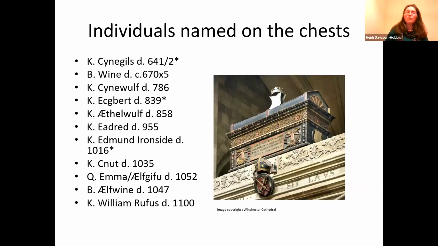So with these remains in the mortuary chests, there is a list of different names of individuals that are thought to potentially be contained within them. When the new cathedral was built, Old Minster, which stood on the area where the cathedral was, was knocked down.